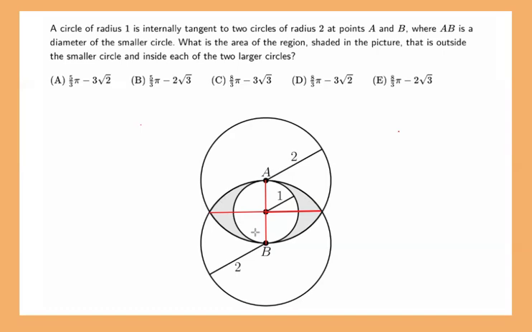So if we find one of these, then the rest is just multiplied by 4, right? So then what we can do is write a few other pieces of information. These are 1 as well, and I do know this is 2, right?